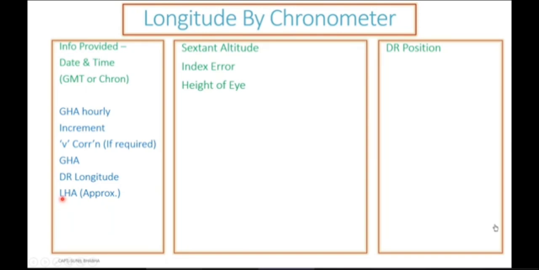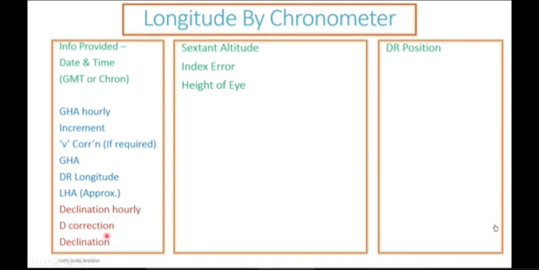Now, once LHA is known, we go into the almanac again. The second piece of information regarding the body which is given in the almanac is the declination. From the daily page, the date page, we will be able to get the hourly declination for the particular GMT.